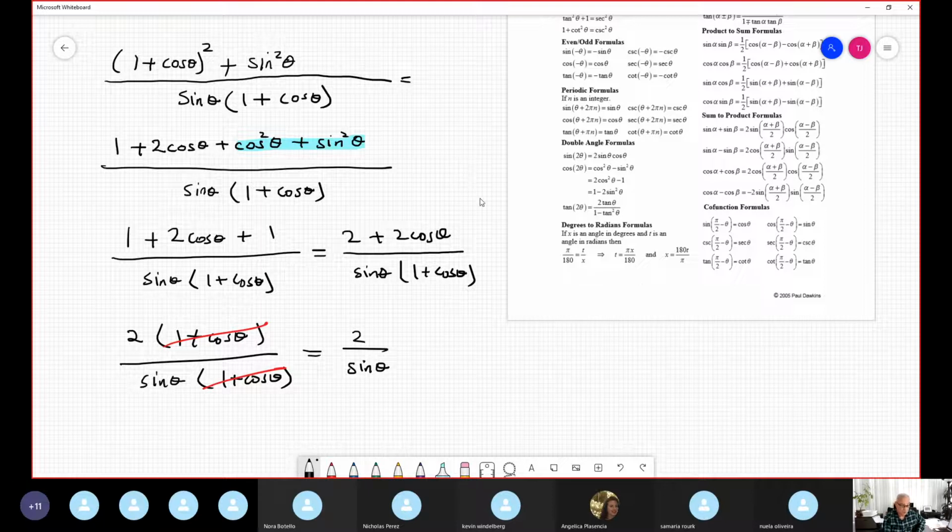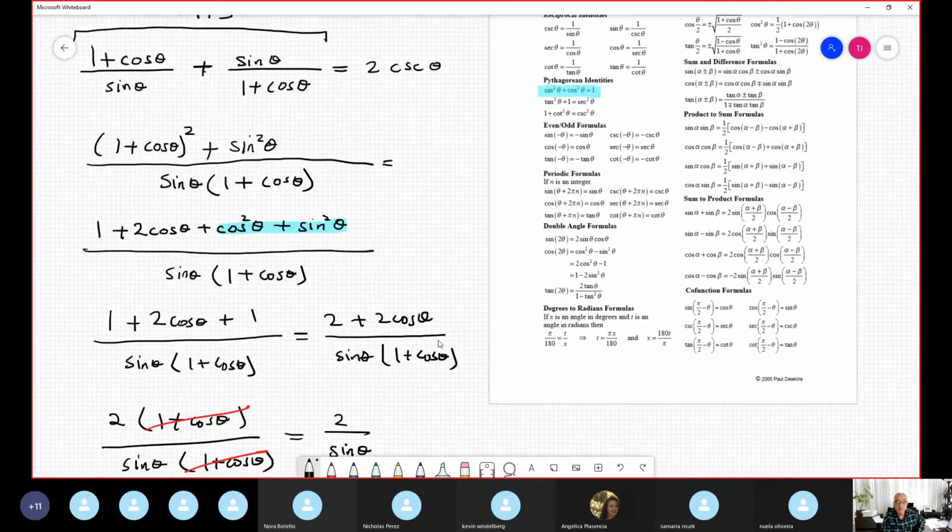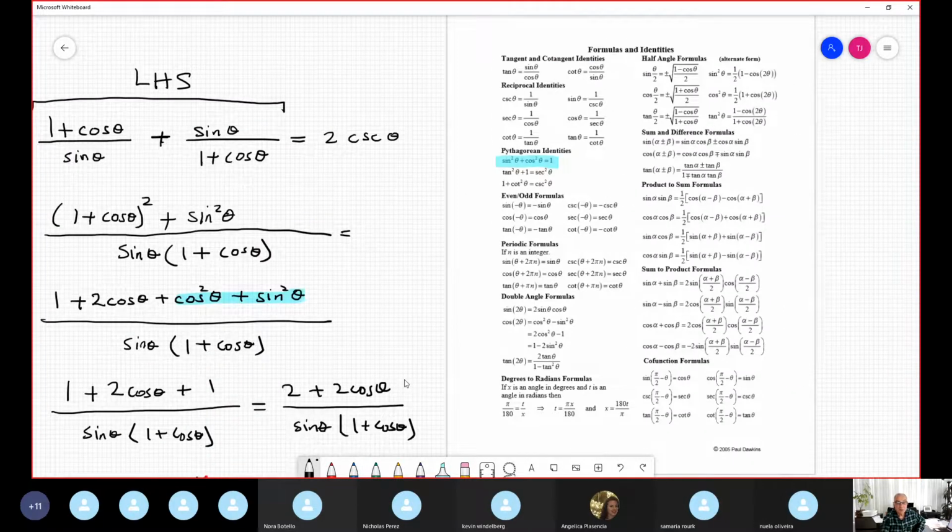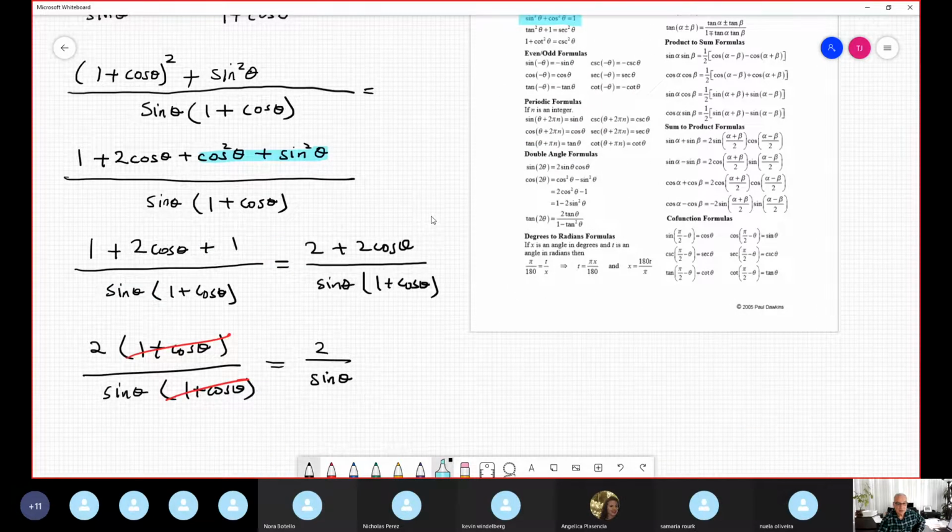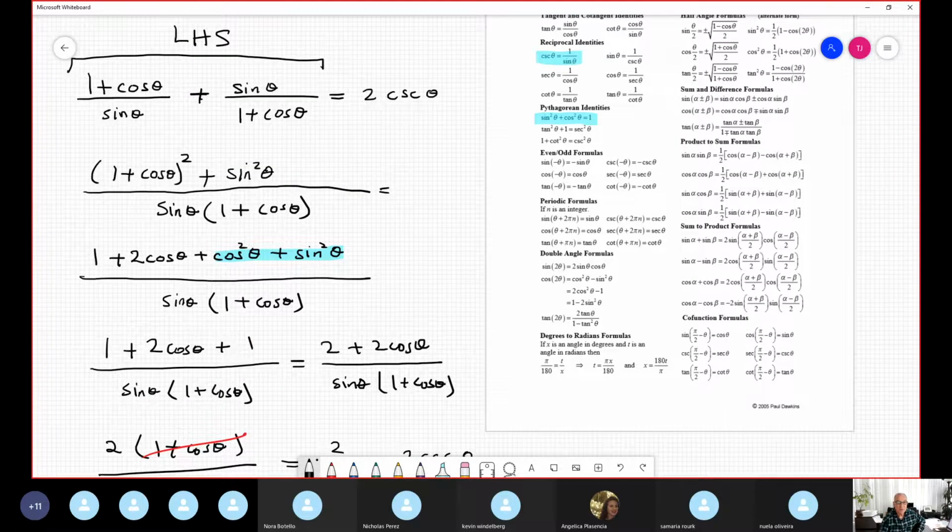Well, I know this trigonometry identity. Look, reciprocal of sine, cosecant, no? Look at that, this identity. Okay, therefore, you replace this with this: 2 cosecant theta. It's exactly the same expression that we have in the right-hand side, and you prove the identity.